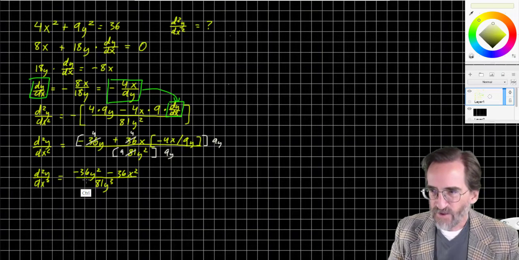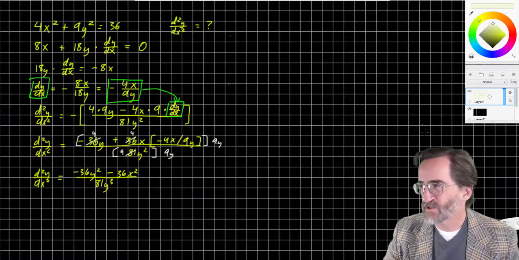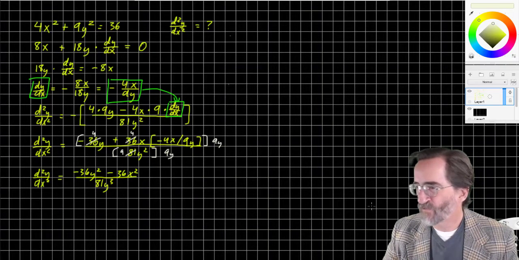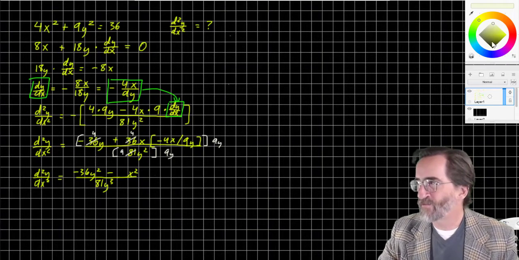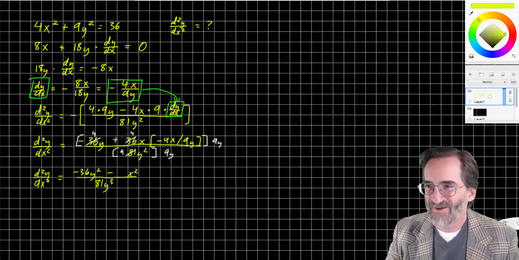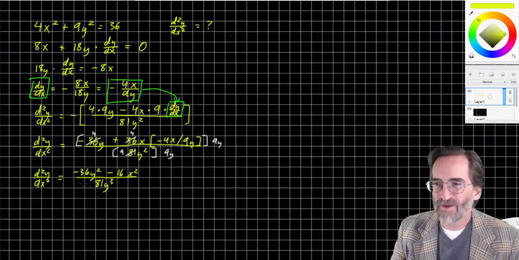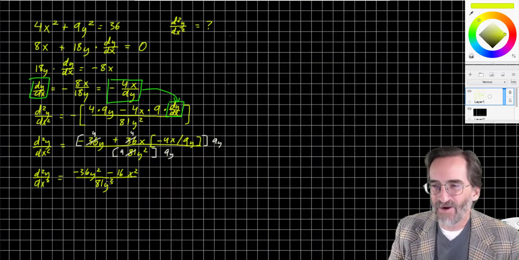And something's wrong here. 4 times 4 is 16. Well, I almost need to re-record this. But that's okay, though. You're going to see real mathematics in real time. 4 times 4 is 16, not 36. There we go. And now nothing reduces, so that's fine.